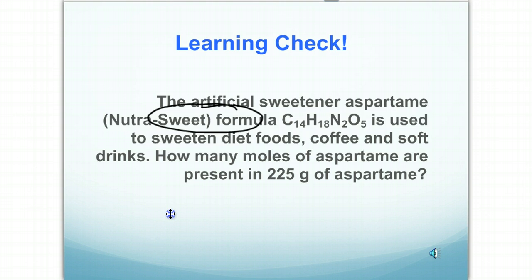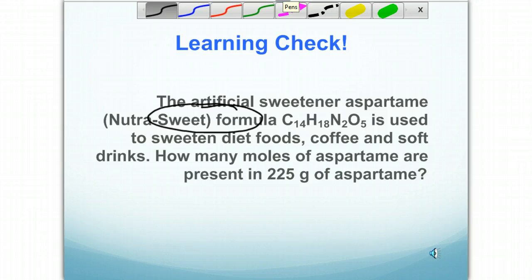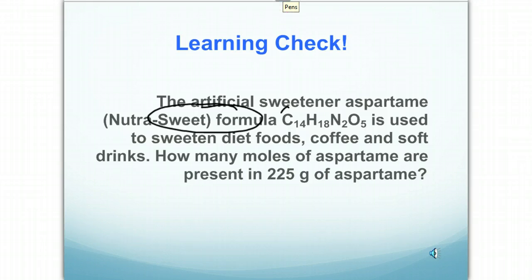All right, so we have this formula here. To start, we just dissect this out atom by atom.